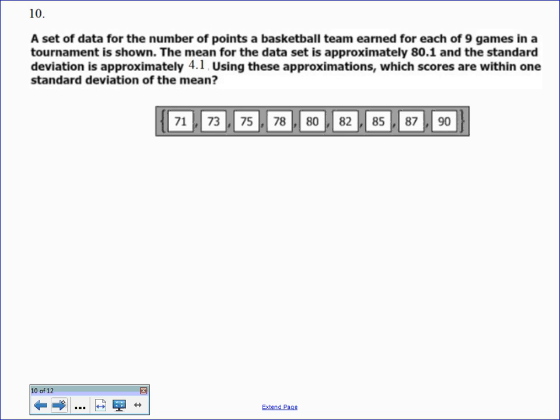A set of data for the number of points a basketball team earned for each of 9 games in a tournament is shown. The mean for the data set is approximately 80.1, and the standard deviation is 4.1. Using these approximations, which scores are within 1 standard deviation of the mean?